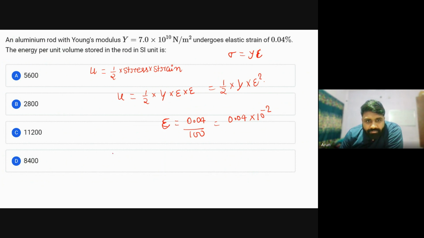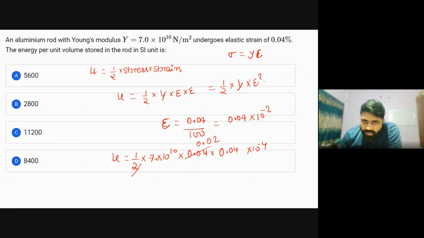So U here will be 1/2 times 7 times 10 raised to the power 10 multiplied by epsilon square, which is 0.04 times 10 raised to the power minus 2, whole square, that is 0.04 squared times 10 raised to the power minus 4. Now the 2 will cancel out, leaving 0.02.